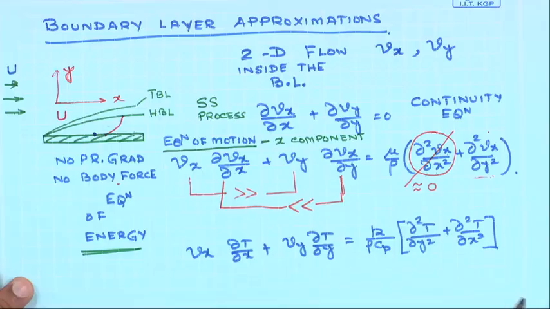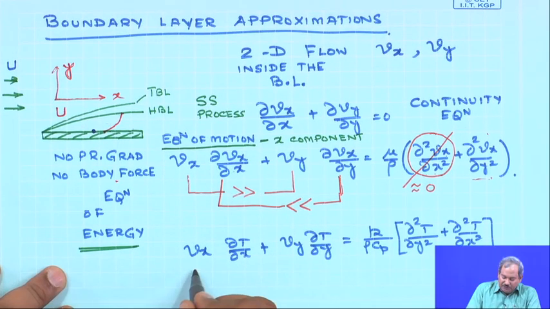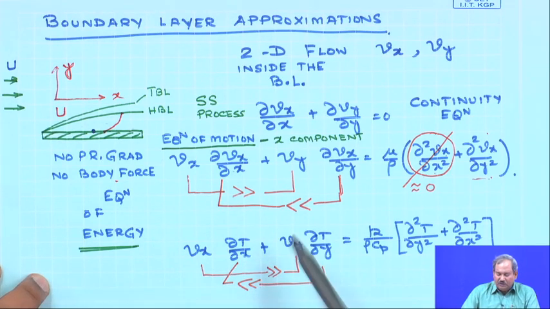Now let us apply the same logic to my energy equation. As before, this Vx is very large in comparison to Vy. However, the change in temperature with respect to y is going to be very large in comparison to the change in temperature with respect to x.